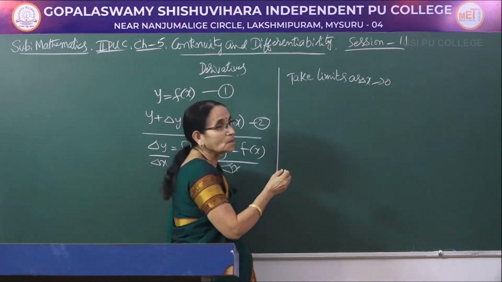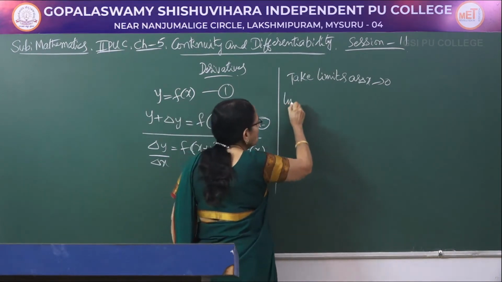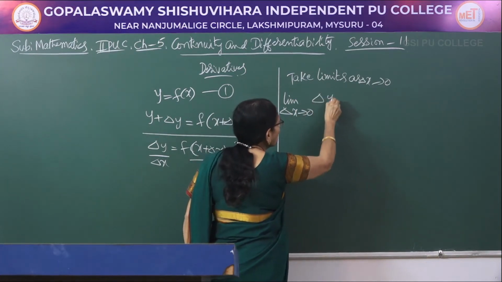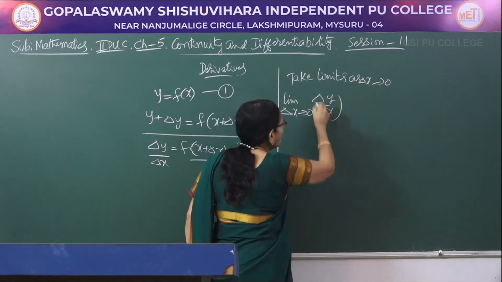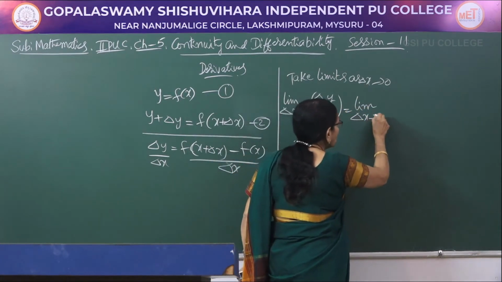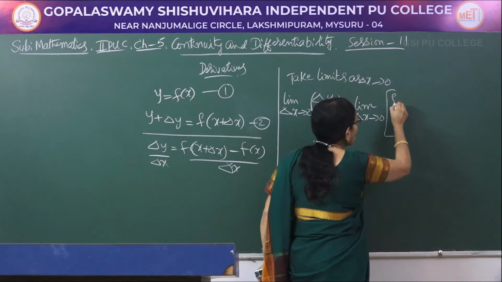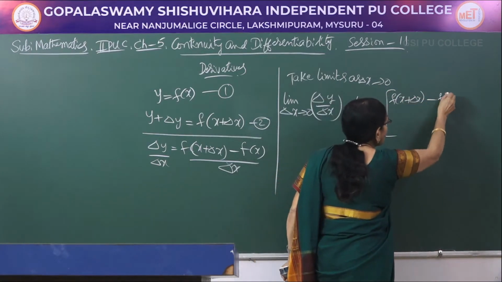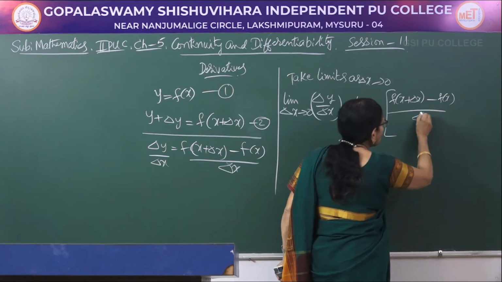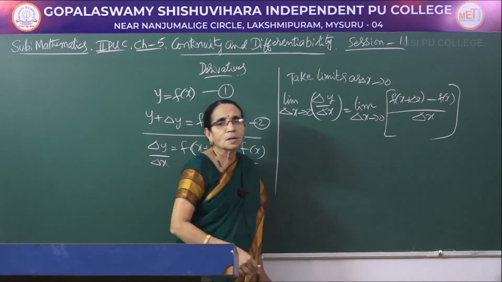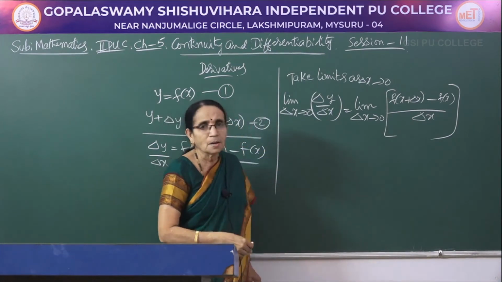Therefore, on the left hand side, the limit as delta x tends to 0 of delta y by delta x is equal to the limit as delta x tends to 0 of f of x plus delta x minus f of x, whole thing divided by delta x. So we take the limit on both sides.